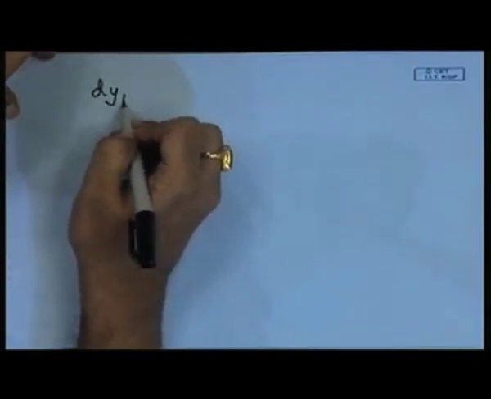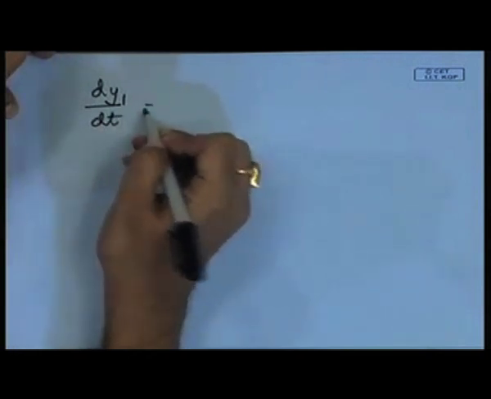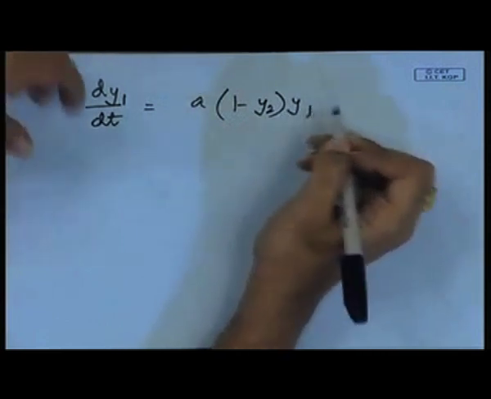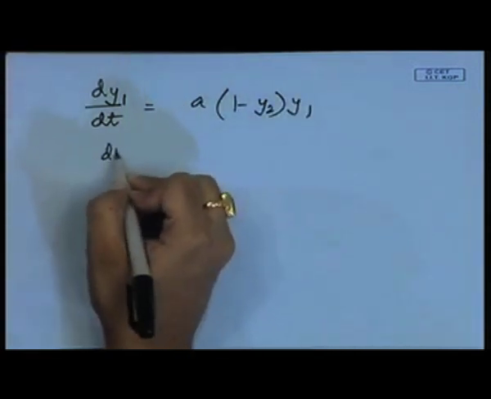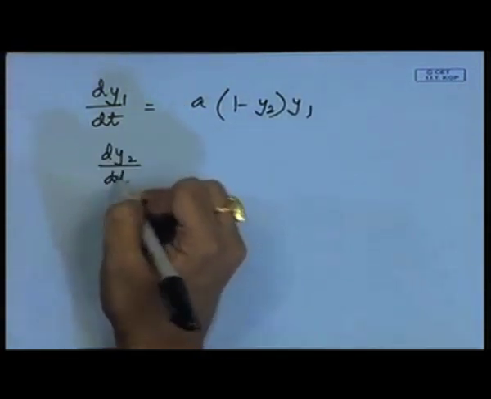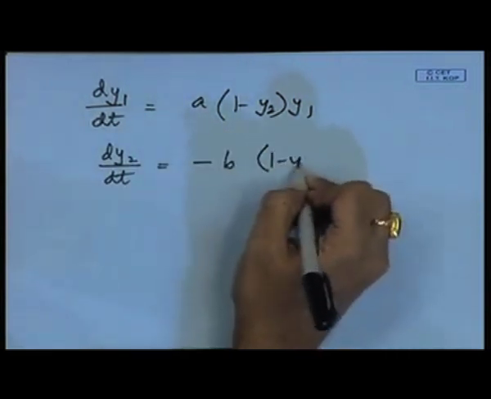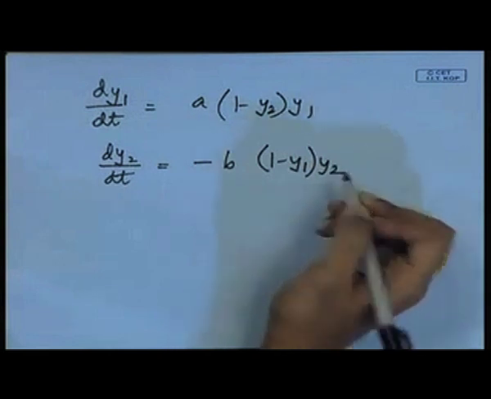When I do that, the dimensionless equation that I get is given by dy1/dt equals A (1 minus y2) y1 and dy2/dt equals minus B (1 minus y1) y2.